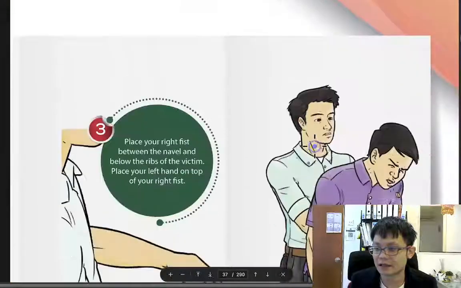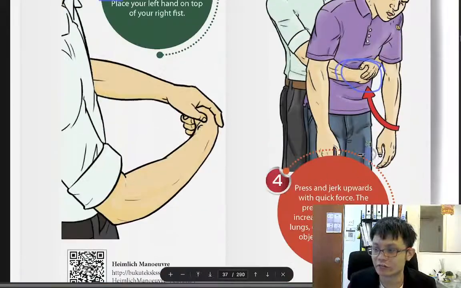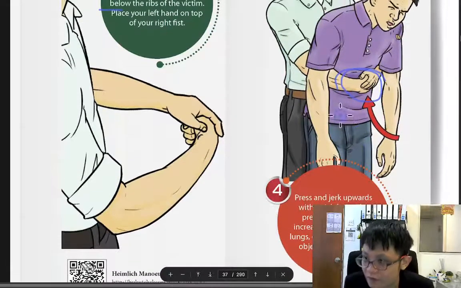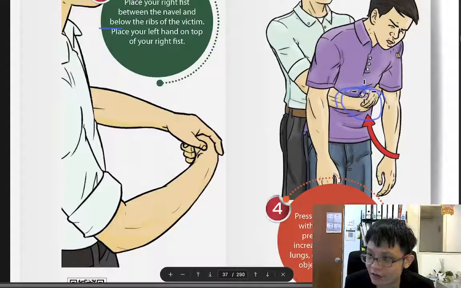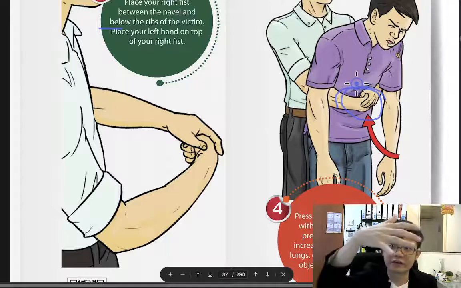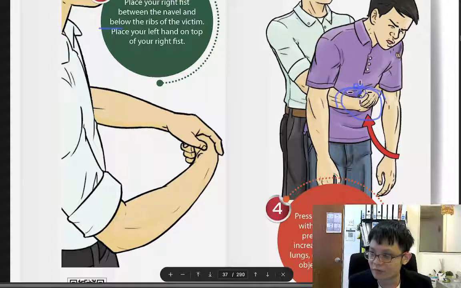Place it under the victim's ribcage, and then you press below the abdomen. Usually you can measure it, but I don't want to, it's so weird. This is your body bone.